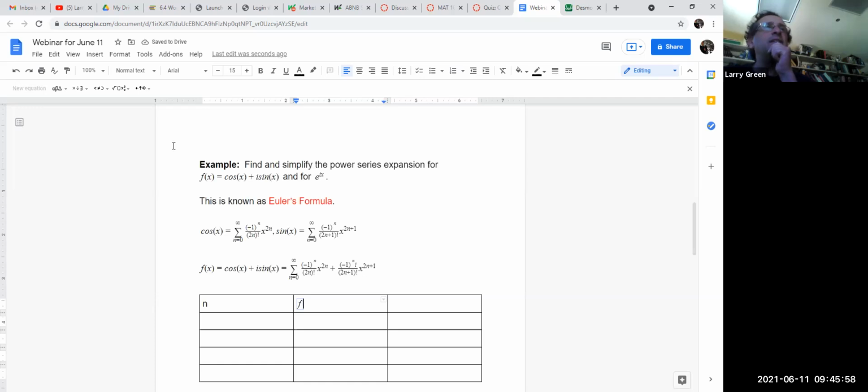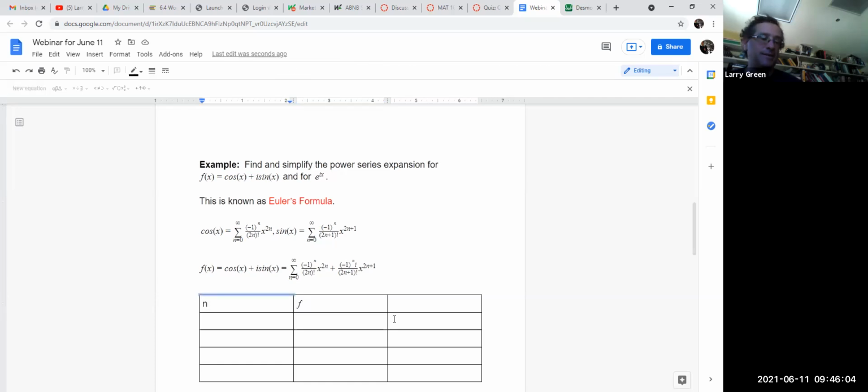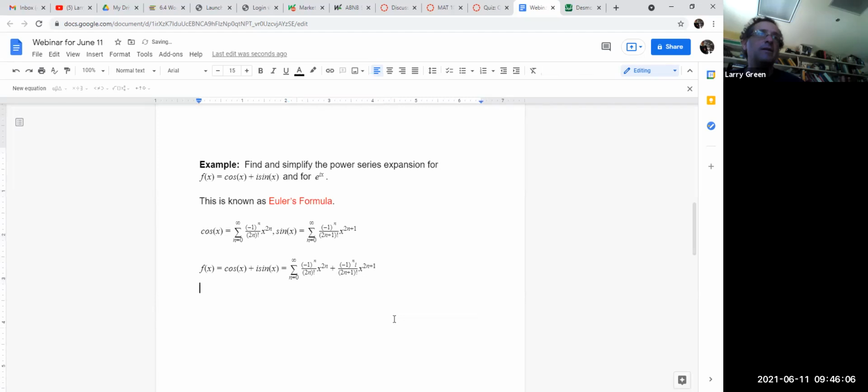Let's see, do I need to do a table? Actually, I don't need to do a table. I think I'm going to not do a table. That's going to take too much time, and we can do it a different way. We can look at e to the ix. And you know the power series for e to the x.